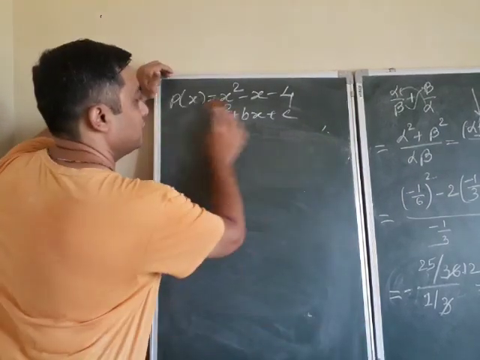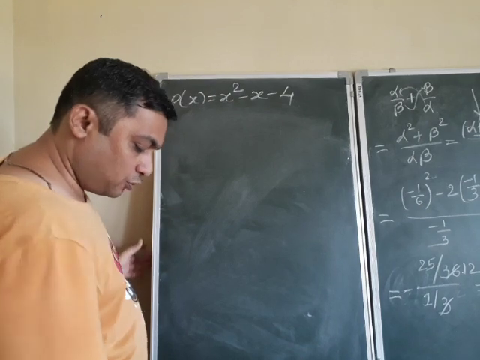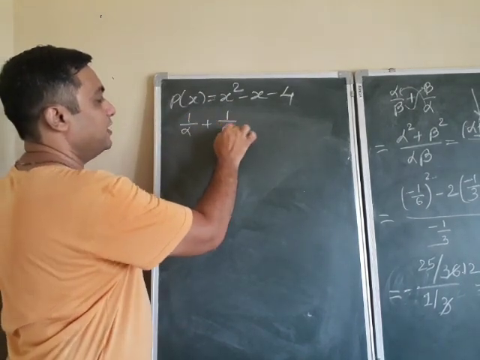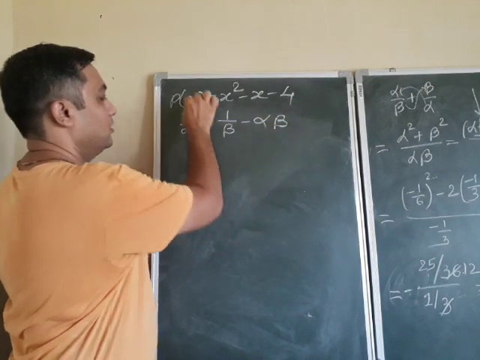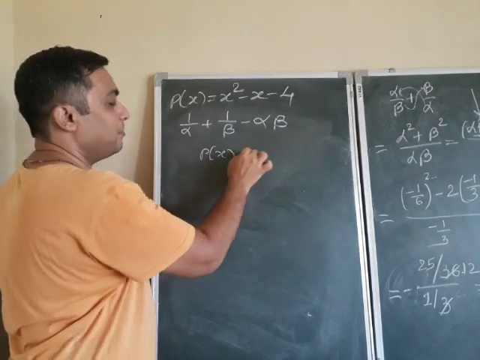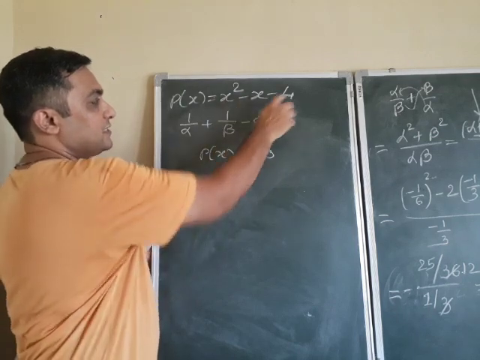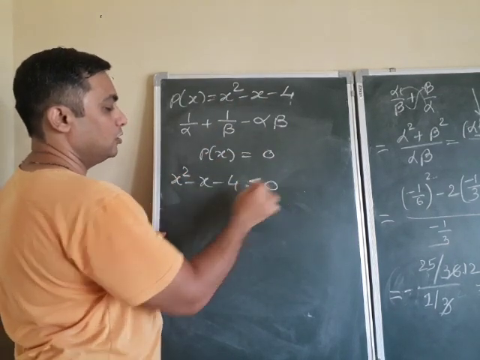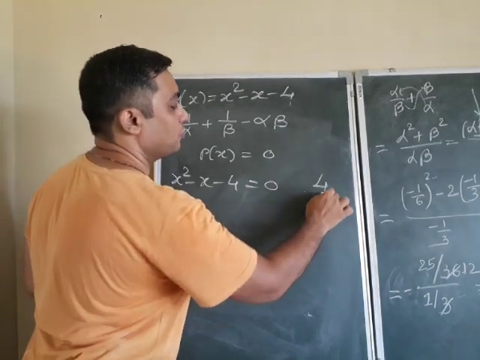So the zeros method. Fine. We require to find out this value: 1 upon alpha plus 1 upon beta minus alpha. The polynomial I compare with zeros. This is x square minus x minus 4. Now do the factorization of 4.